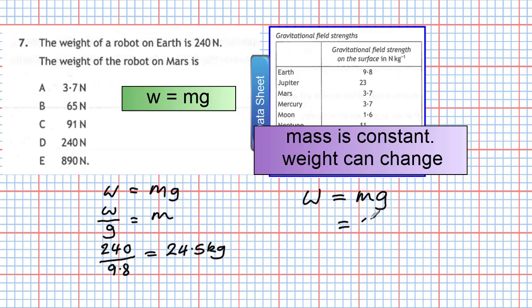We now know the mass is 24.5 kilograms, and the gravitational field strength on the planet Mars is 3.7 newtons per kilogram. You can see that the kilograms will cancel out, and we do the calculation, we get an answer of 91 newtons. So this robot has a weight on Mars of 91 newtons, and that will be answer C.